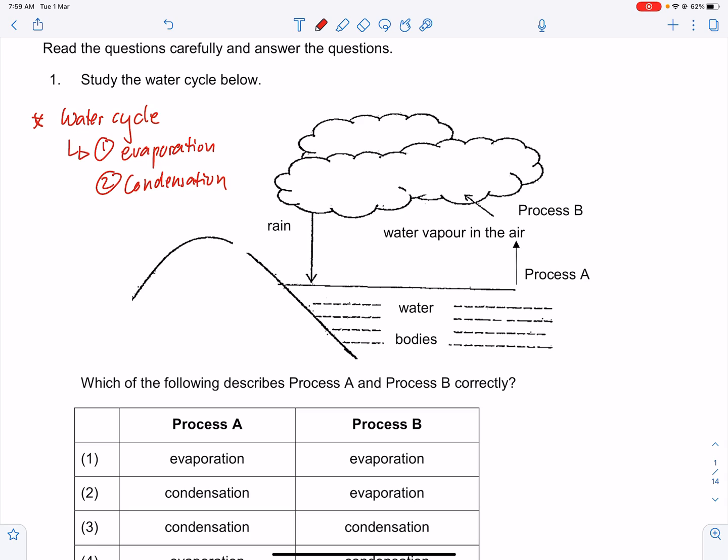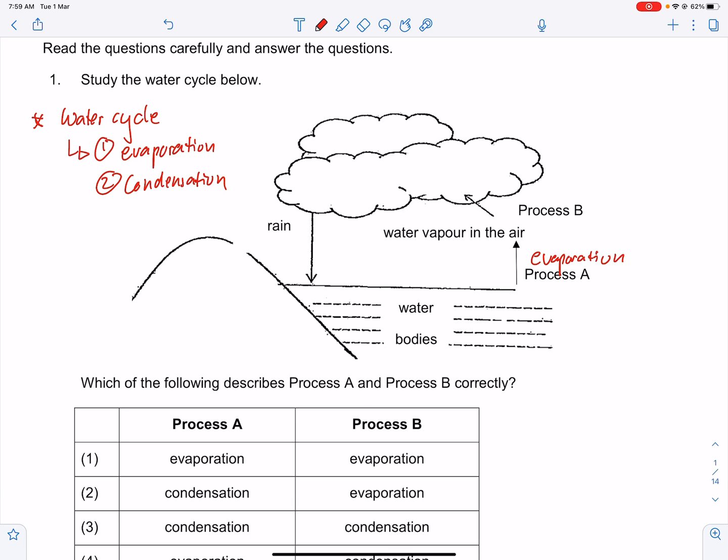So remember that prior to evaporation, the state of water should be in liquid form. As we can see here, process A, what comes after process A is water vapor, and what is before process A is liquid water. So process A would need to be evaporation.